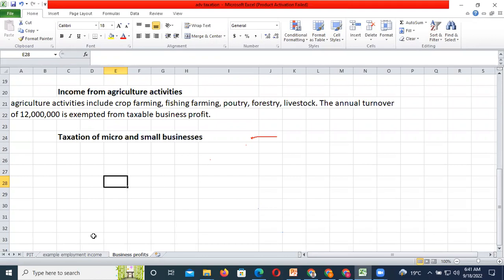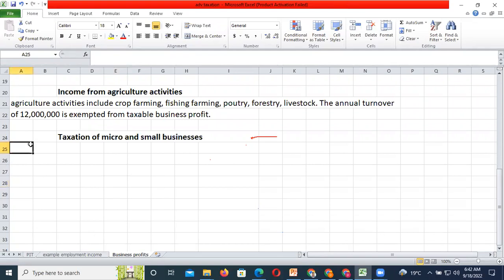In a lump sum tax regime, the taxpayer pays a certain percentage of tax based on the turnover. In real tax, the tax is calculated on profit or on income. Micro and small businesses fall under flat tax and lump sum tax. A micro business falls under a flat tax, but a small business falls under a lump sum tax. However, a small business can apply to move from a lump sum to a real tax.